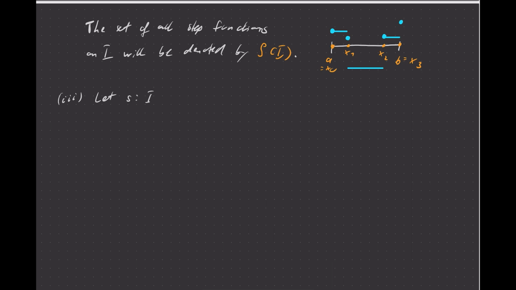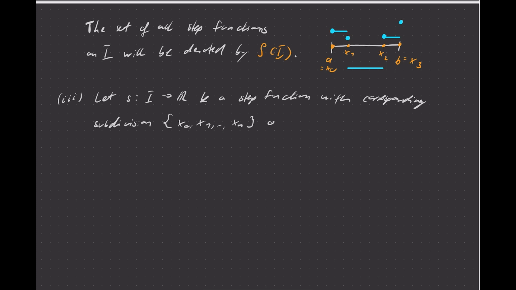So let's say S is a step function defined on I. Let S be a step function with corresponding subdivision x0, x1, and so on up to xn of I, meaning S is constant on each interval xk minus 1 to xk for k in 1 to n.